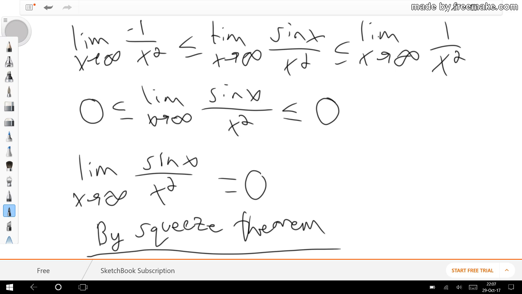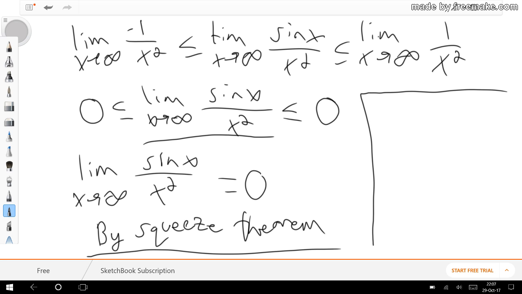You just find an upper and lower bound that is easy to solve for the limit, and you essentially squeeze that inner limit, our f of x, until we figure out exactly what it has to be equal to. Now I want to make a quick little side note.